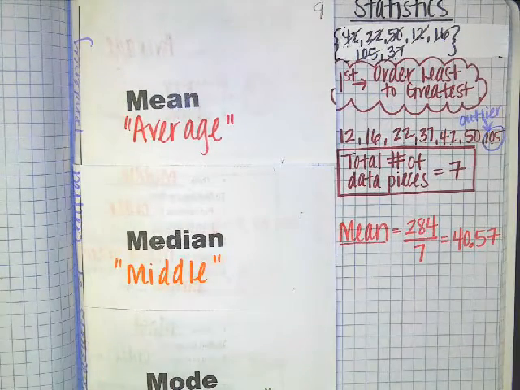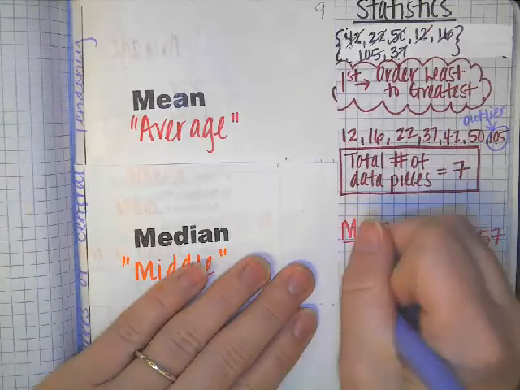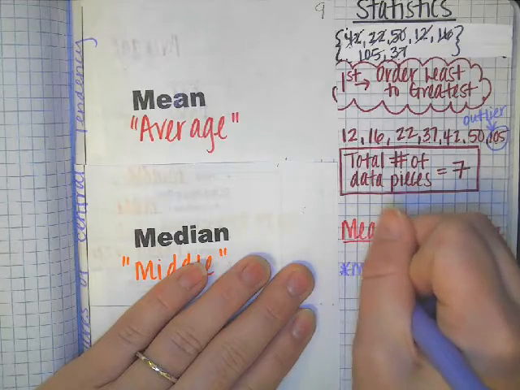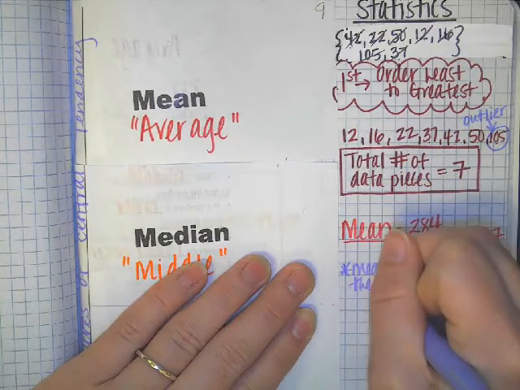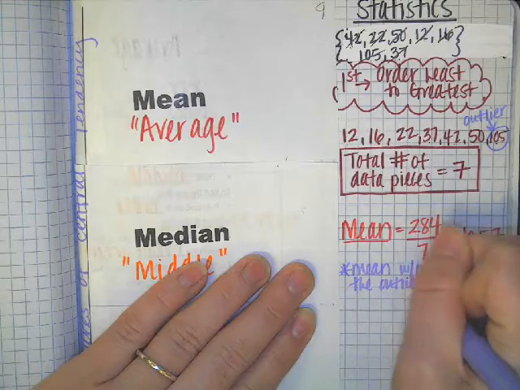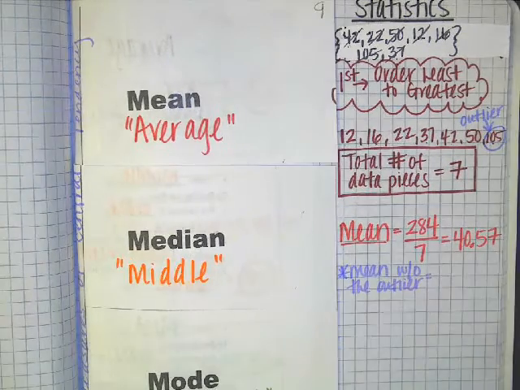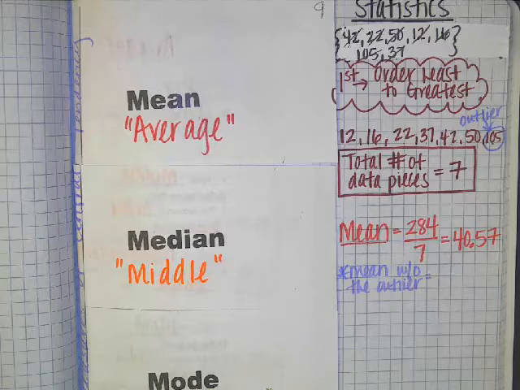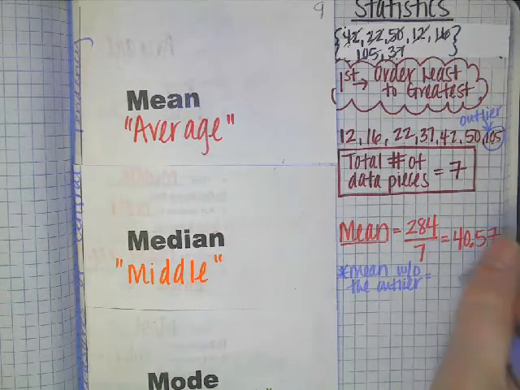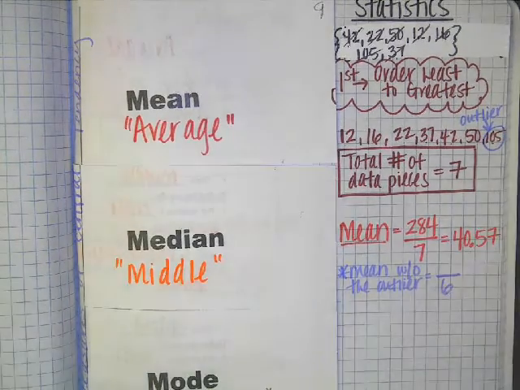If it asked us to find the mean without the outlier, what I would do is add all the numbers up, leaving out 105. And because I've left out 105, I'm going to divide by the number 6 rather than 7.